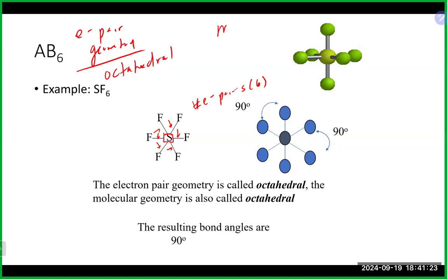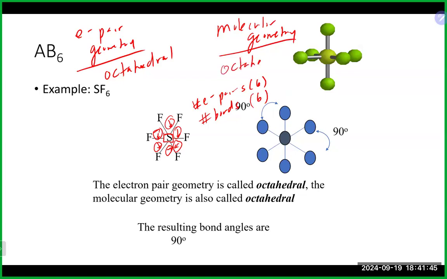Our molecular geometry name will be based on how many bonds we have, which in this case is 1, 2, 3, 4, 5, and 6 bonds. And our number of bonds here is going to be 6. The molecular geometry name is also octahedral.